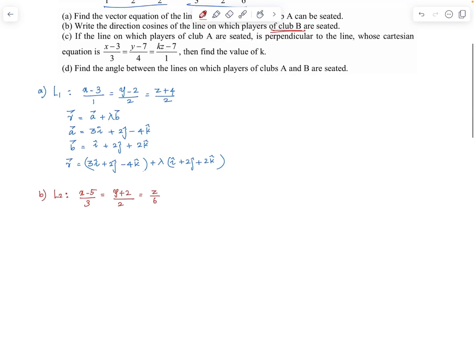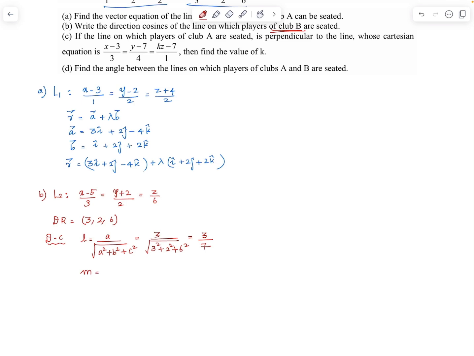So here the direction ratios are 3, 2, 6, and the direction cosine l is equal to a upon square root of a square plus b square plus c square, where a, b and c are the direction ratios 3, 2 and 6. This is equal to 3 upon square root of 3 square plus 2 square plus 6 square, that is 3 upon root 49, which is 3 upon 7.